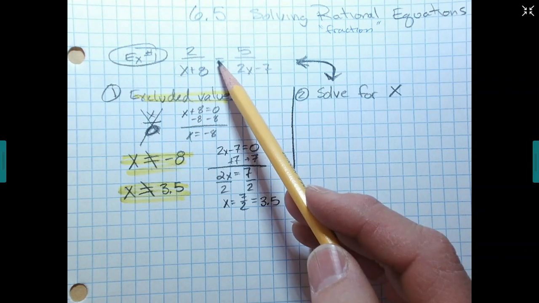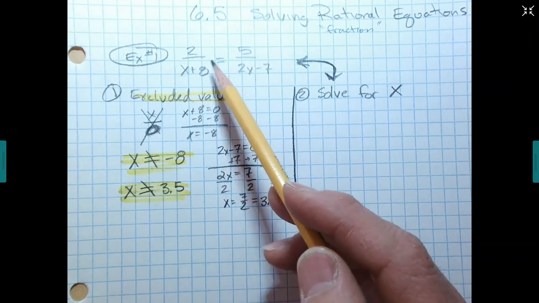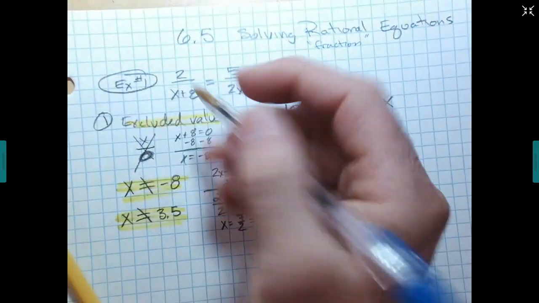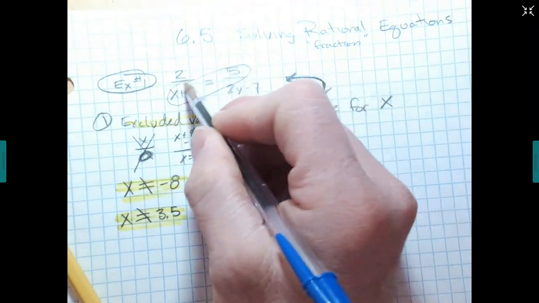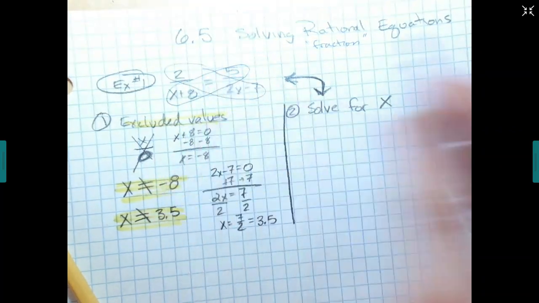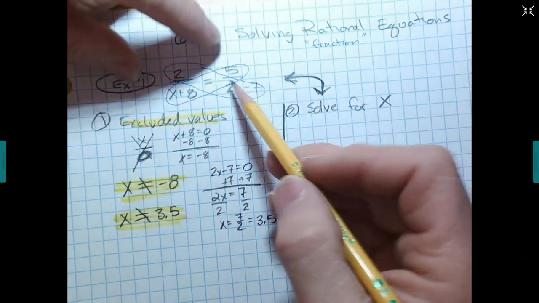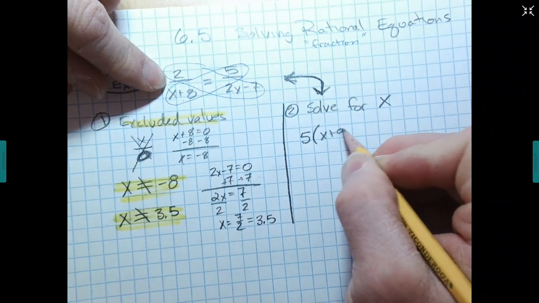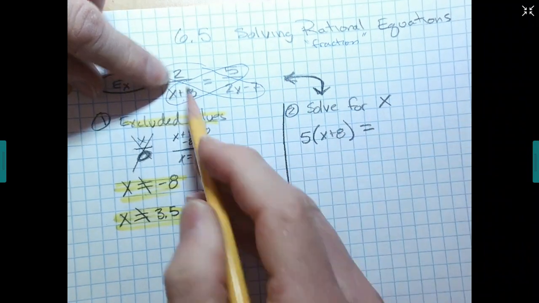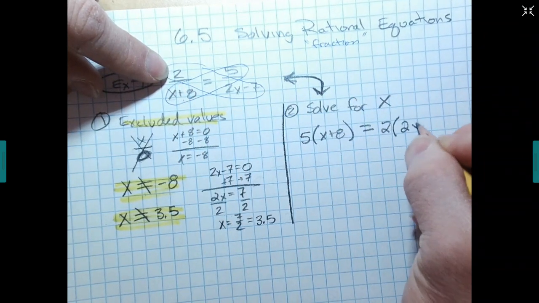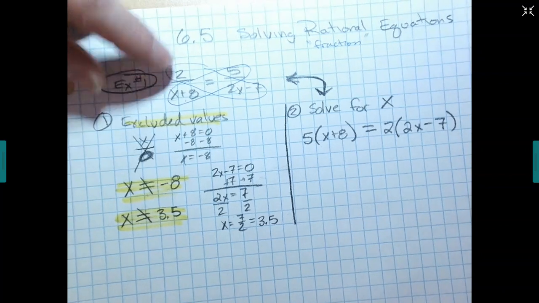Some people say the butterfly, some people say cross multiply. I multiply these and make it equal to this. So I multiply 5 times this: 5 times x plus 8 equals 2 times this, 2 times 2x minus 7.